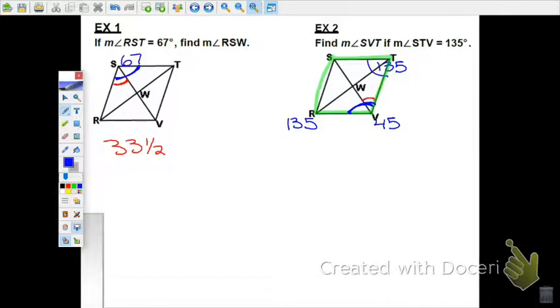Because 135 plus 45 gives me the 180. So if my blue angle V is 45, how much is my red angle? Half of that, which is 22.5.